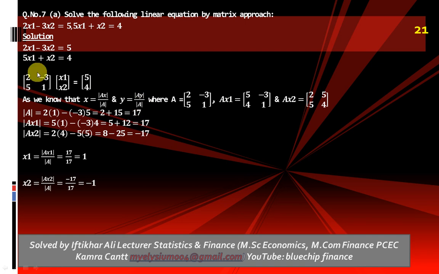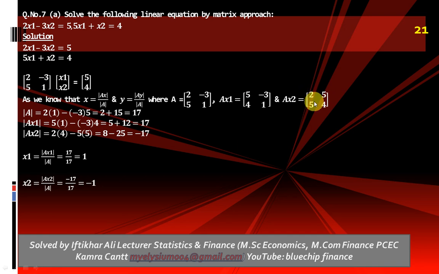So the determinant of A is simply 2 multiplied by 1 minus 3 multiplied by 5, which equals 17. Now take this column from here, place it here, and take the determinant. So here 5 multiplied by 1 minus 3 multiplied by 4, which equals 17. After that, take this column from here, place it here and take the determinant.